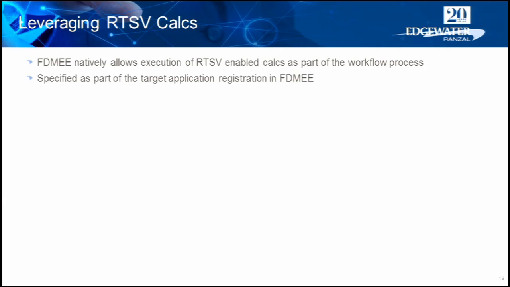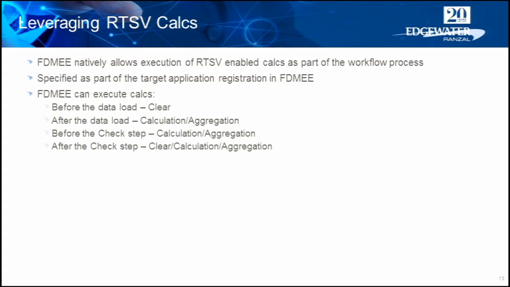So you write your calc in EAS or in Notepad or wherever you want to write it, but you register that calculation script for use by FDMEE right in FDMEE. So I can run calcs before a data load and after a data load, so kind of your classic clear and aggregation or clear and calculation. I can run it before and after the check step.